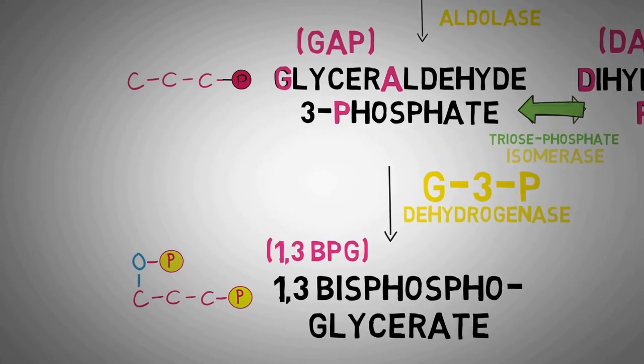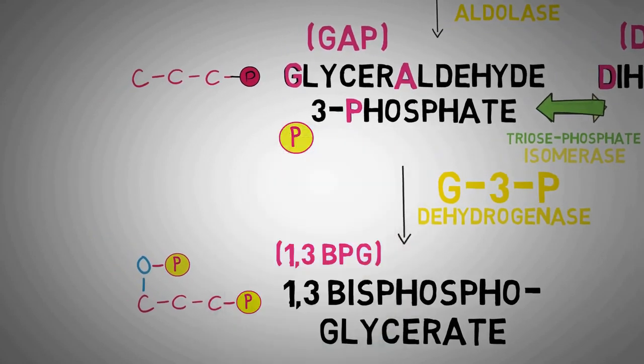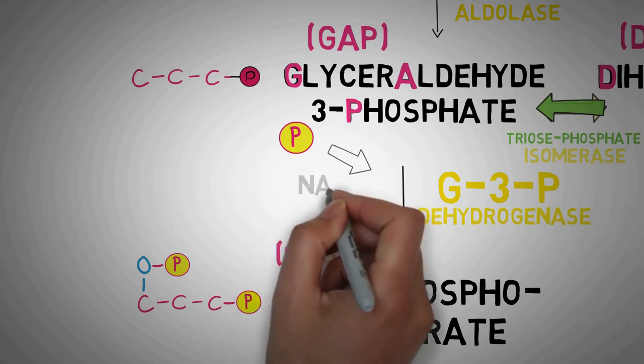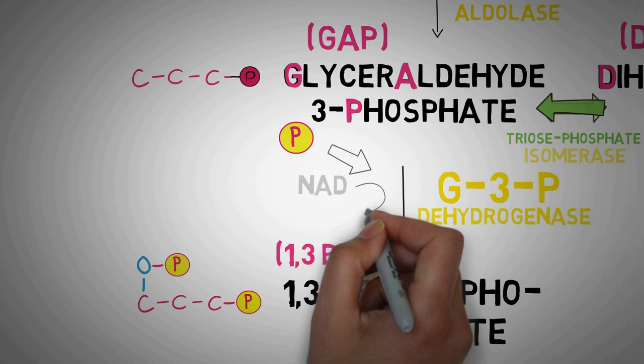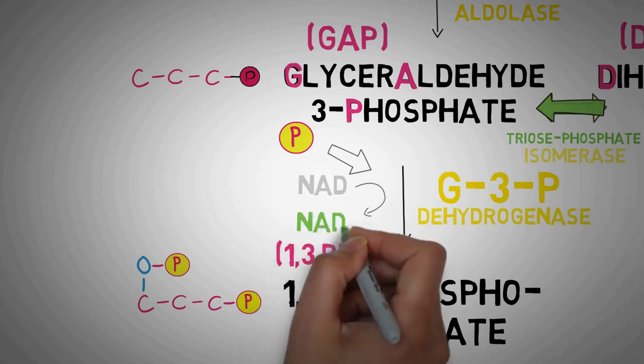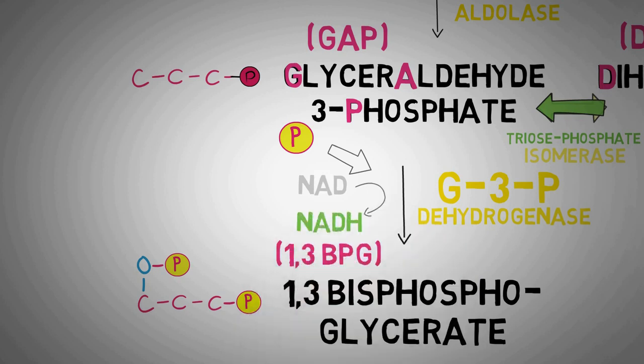The conversion of glyceraldehyde 3-phosphate to 1,3-bisphosphoglycerate uses a molecule of inorganic phosphate that is being attached to the carbon number 1. And this reaction is also very important in the sense that NAD is being converted to NADH. This NADH will be further used to make more ATPs in the electron transport chain.